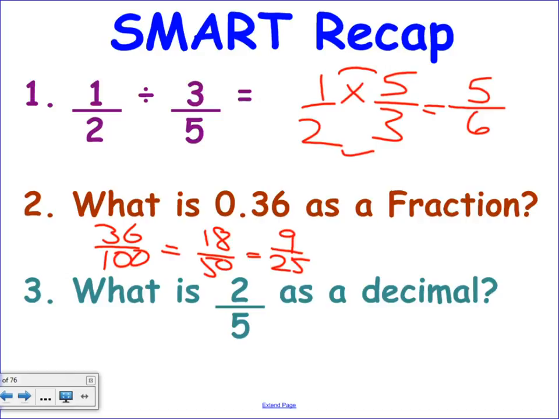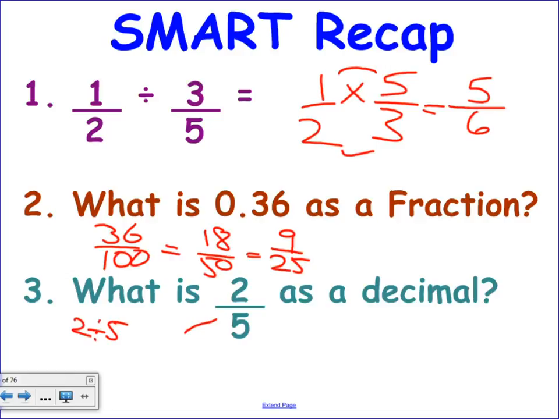Okay. Conversely, 2 over 5 as a decimal. And last week we covered 2 ways of doing this. Okay. We had our mega word in fractions, which is equivalence, or you could actually do what that says. So which way would you like to do first? 2 divided by. Good. So this literally means in mathematics 2 divided by 5.